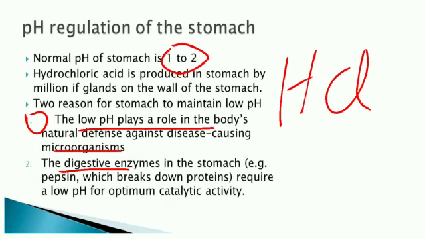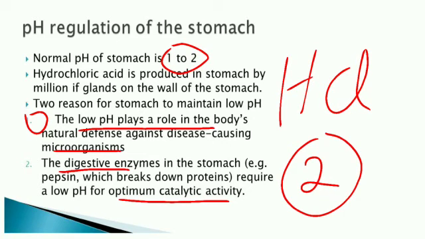For optimum catalytic activity, pepsin requires low pH. Pepsin works properly mostly at pH 2. If the pH of the stomach is 2, pepsin is active and helps to digest the protein. Clear? So that's why the stomach maintains its low pH.